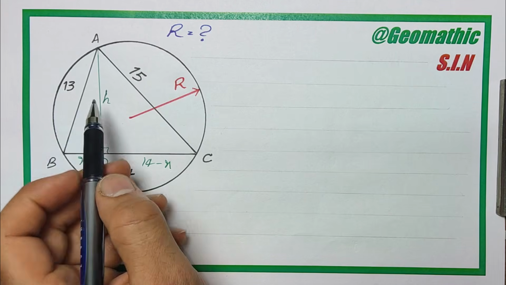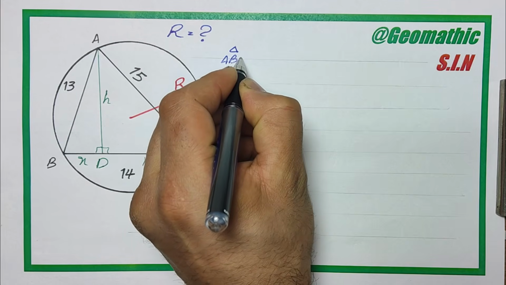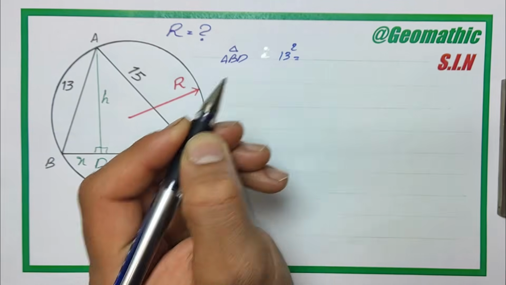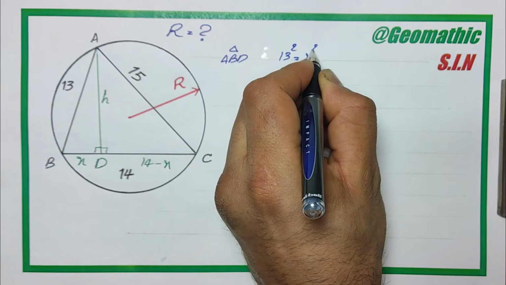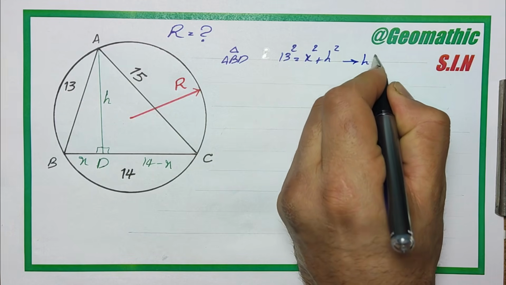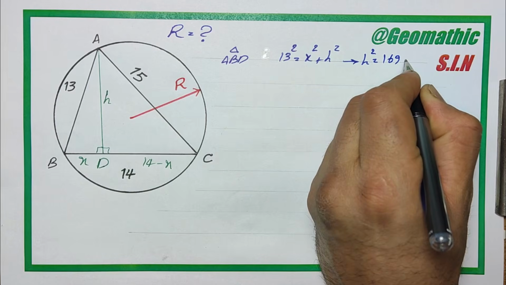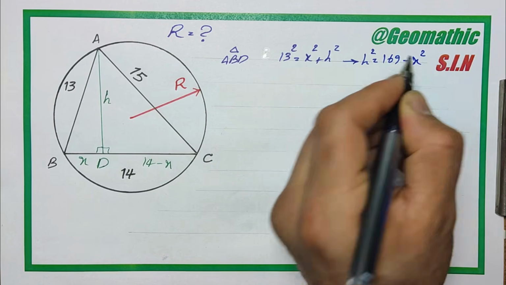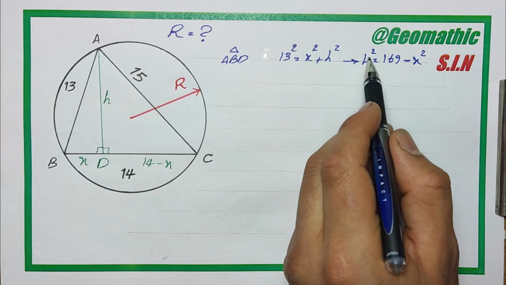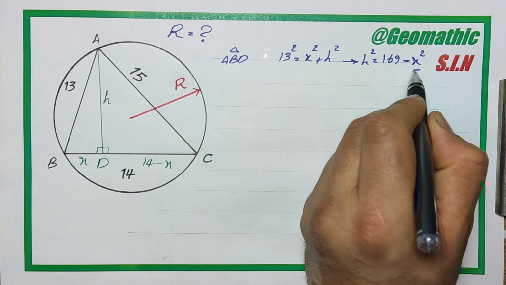Therefore h squared equals 169 minus x squared. We need it later.